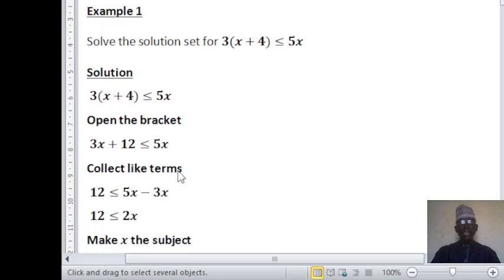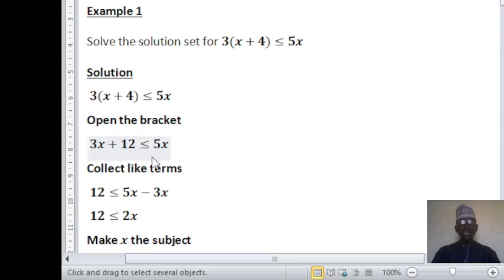Now you can collect like terms. We prefer our variable, our unknown, to be greater, so we bring x to the other side. What we do is subtract 3x from both sides, or you just take this x to the other side.